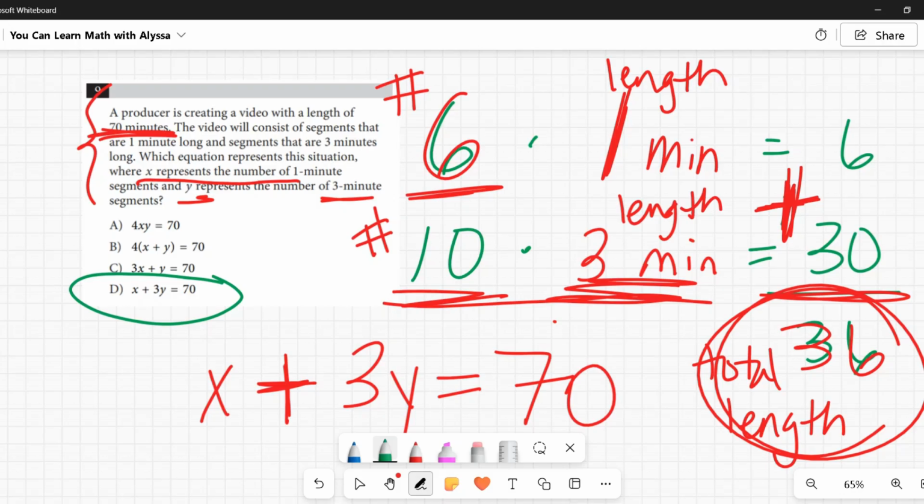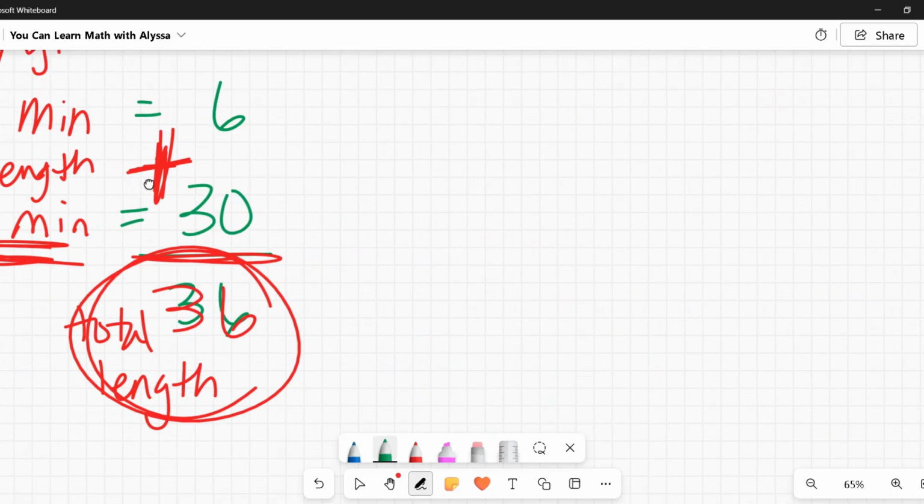If you use real numbers in there and ask, if I knew the real number of how many segments it was, what would I do? It can often help us figure out what the algebraic equation is that would apply in any scenario by picking one specific scenario. So again, our answer there is D, x plus 3y equals 70.